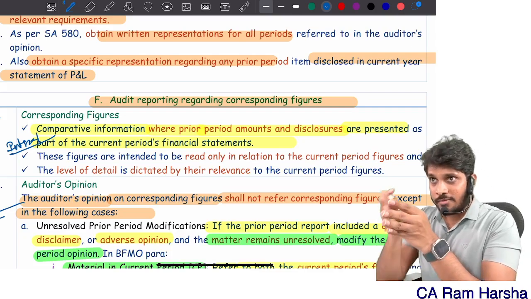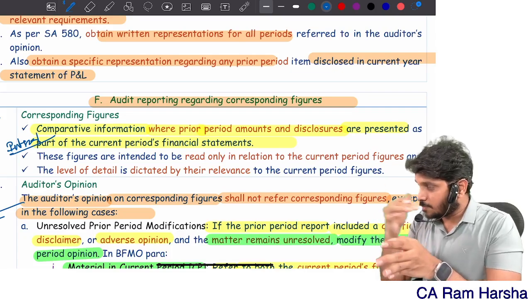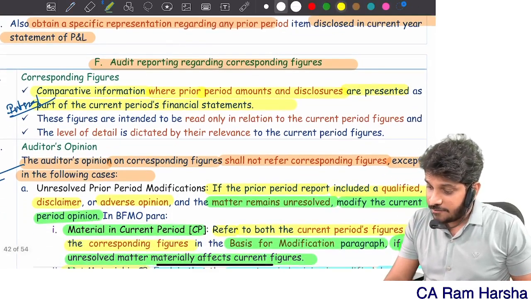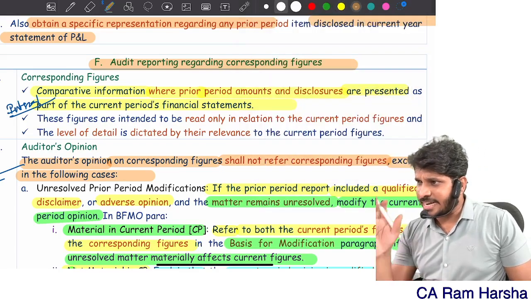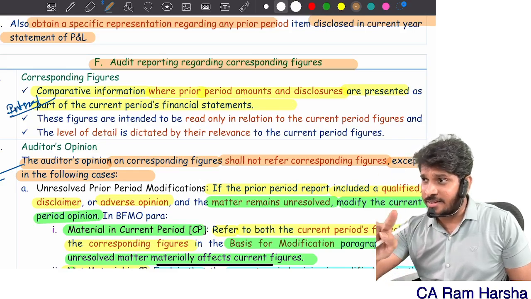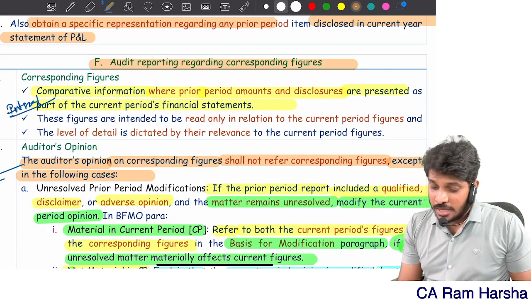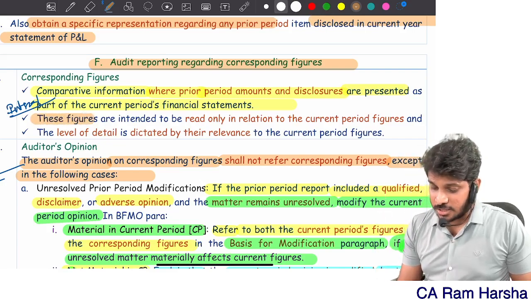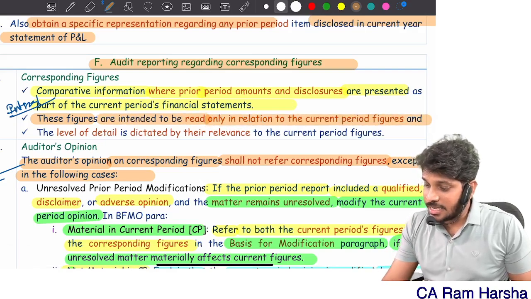Yes or no? We are equally giving importance to current and last year figures, correct? Now these last year figures, should you read them separately and take a decision, or read them along with current year figures? Second option, along with. These figures have to be read only in relation to current year figures.